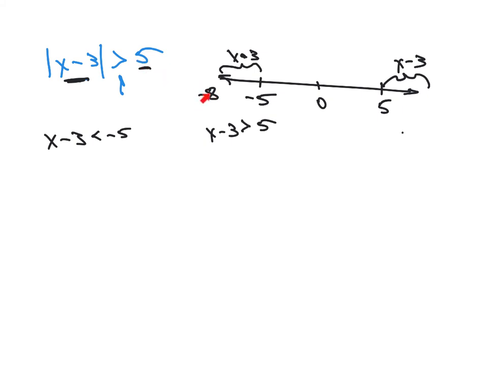Although negative 8 is smaller than negative 5, the distance from 0 is greater to negative 8 than from 0 to negative 5, because this is a distance of 5, this is a distance of 8. So that's the thing that gets so confusing, that even though this number is smaller, the distance from 0 is larger. That makes sense? That's why this one is less than, and this sign is greater than.